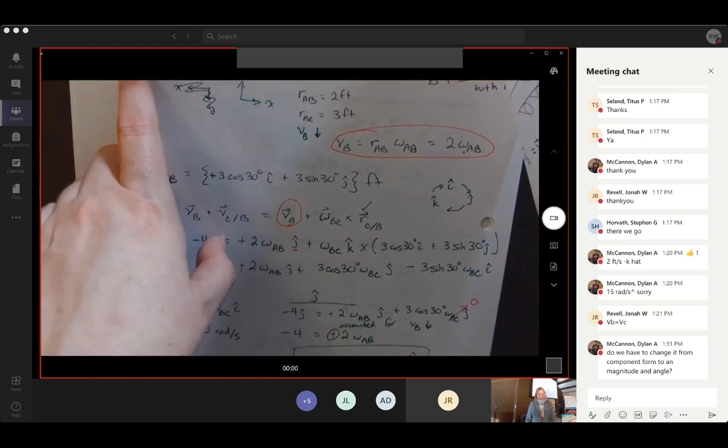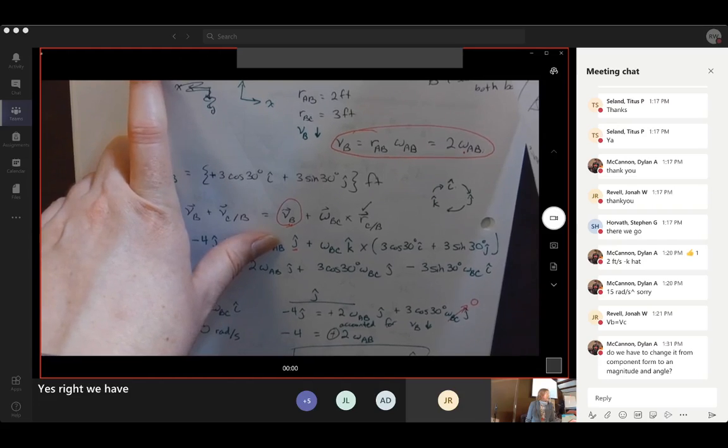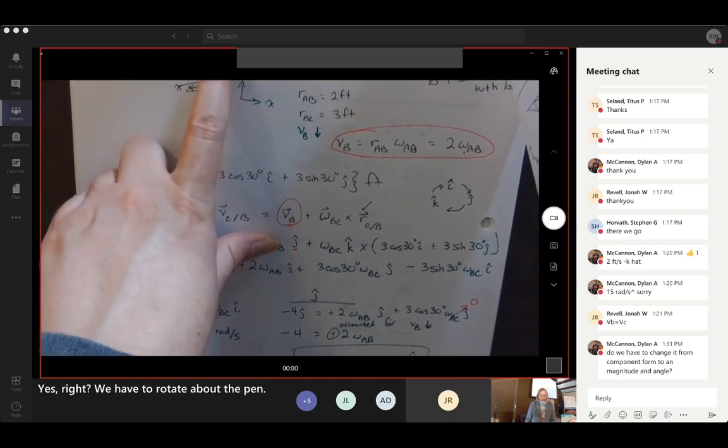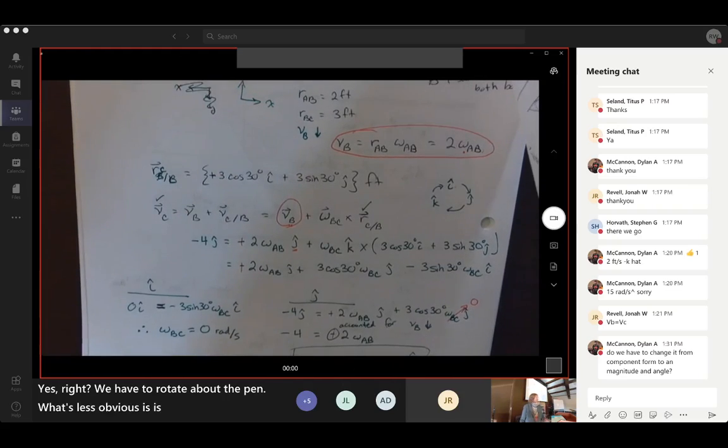So for AB, it's pretty obvious, right? We have to rotate about the pin. What's less obvious is how the rest of the system would be rotating.